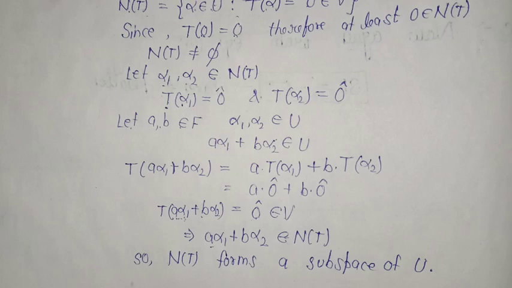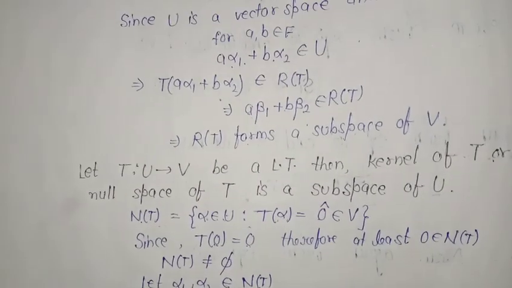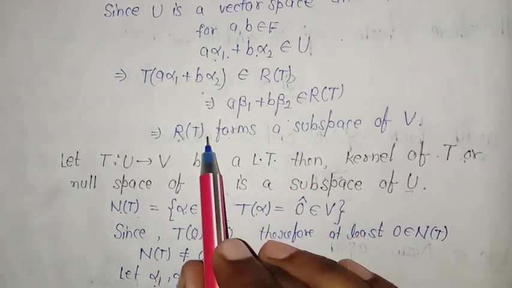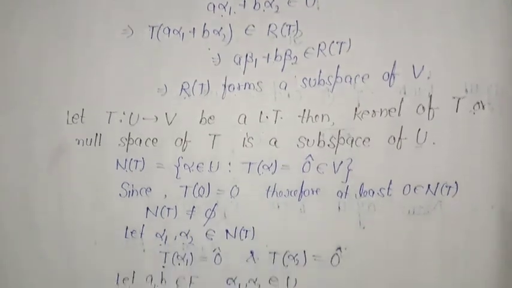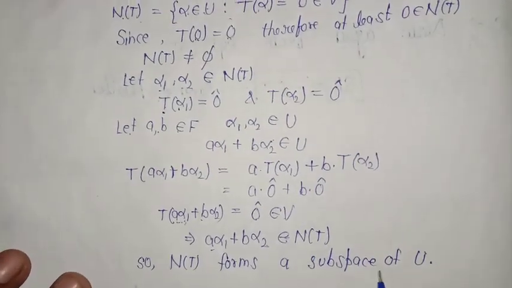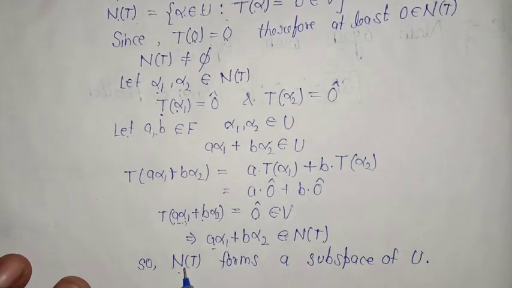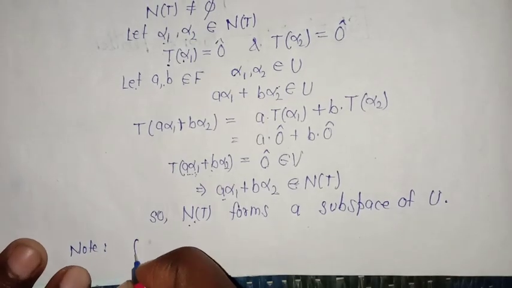Now since the range of T and the null space of T both form subspaces, and every subspace has some dimension, whether finite dimensional or infinite dimensional, the range space of T forms a subspace and its dimension is called the rank of T. The null space of T also forms a subspace of U, and the dimension of this space is called the nullity of T. Rank is generally denoted by rho.